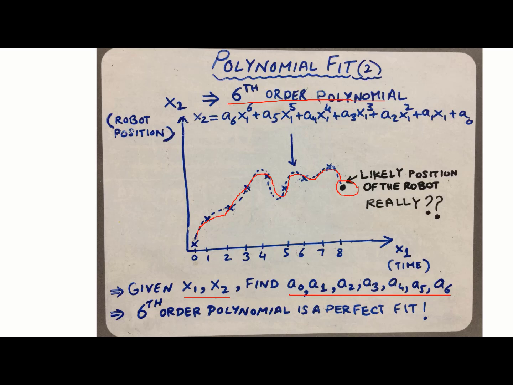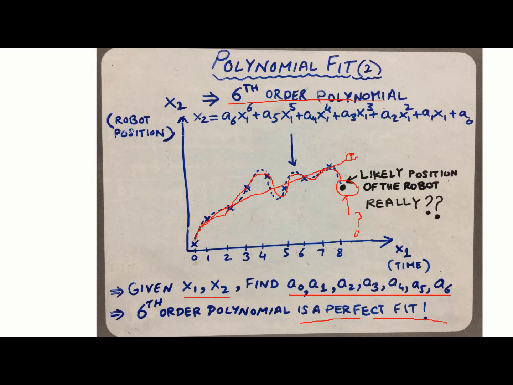Now, although the sixth order polynomial seems to be a perfect fit, connecting all the data points, the prediction is somewhat questionable, and it doesn't really appeal to our common sense, because what we really expect is that the x coordinate of the robot is manifesting an increasing trend. So it must be somewhere over here, and that's what the straight line and the third order fit told us.